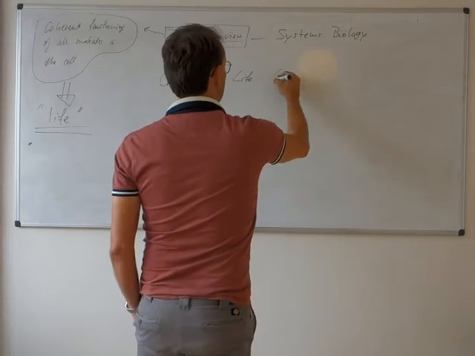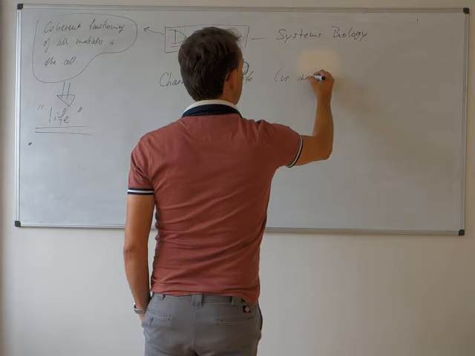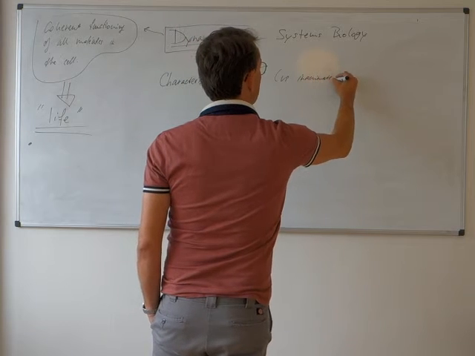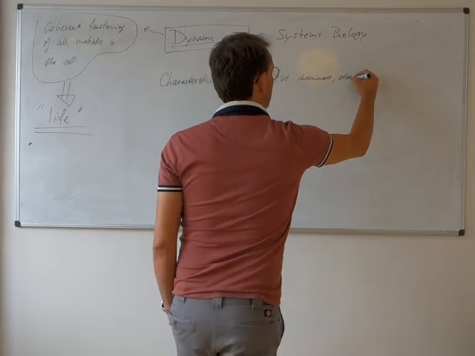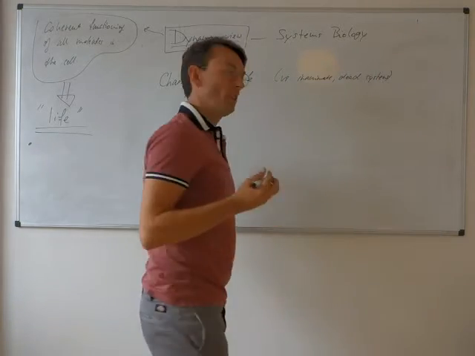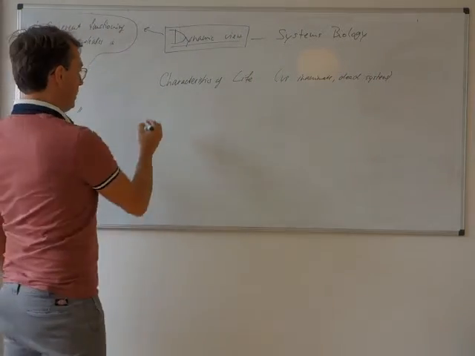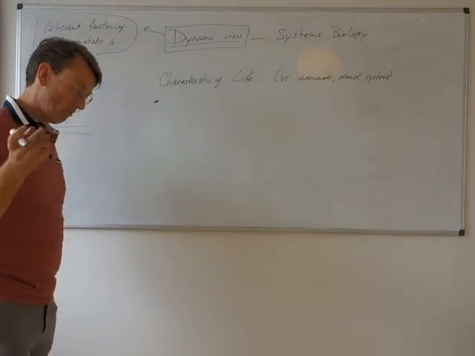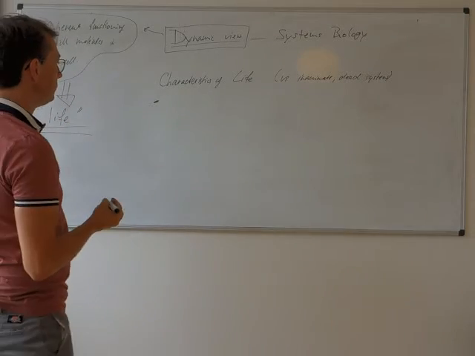And let's say versus inanimate, or let's say dead systems, right? Okay, when something is alive, what properties does it have? So that's the question that we're going to just briefly touch on.